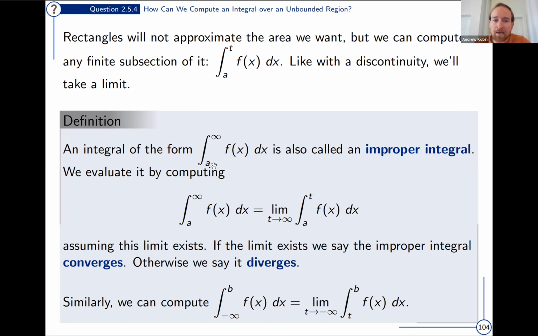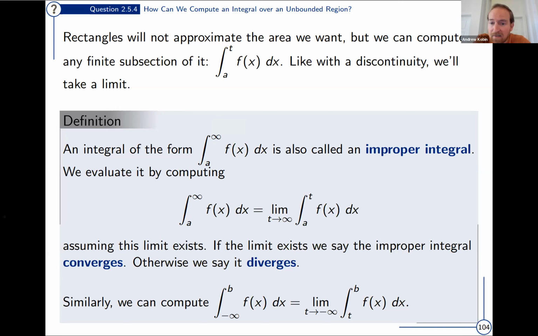This will be an integral that we write as a definite integral from a to infinity of f of x dx. Notice now that this upper bound is not a number, it's infinity, and we'll evaluate it as follows. The integral from a to infinity of f of x dx will have a value if the limit as t approaches infinity of the integral from a to t of the same function exists.